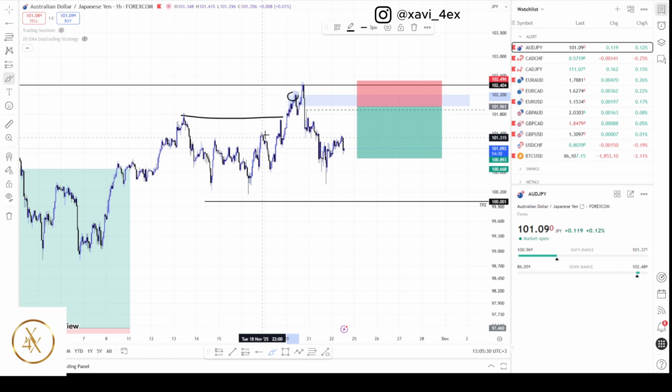First created this high, and before created this, and broke this. Price should be continuing, but then why is it coming back? Why is it coming back down? So basically, it will come back down, trigger some liquidity, and move down.